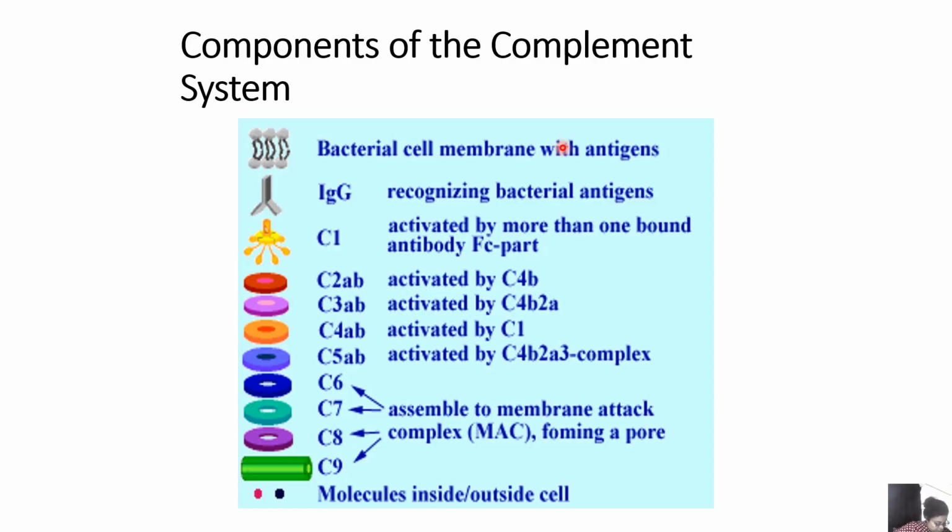Then inflammation, which means attracting immune cells and increasing vascular permeability. Then immune complex clearance, which removes antigen-antibody complexes from circulation. Then we have the complement activation pathways. There are three pathways, all converging at C3 activation.